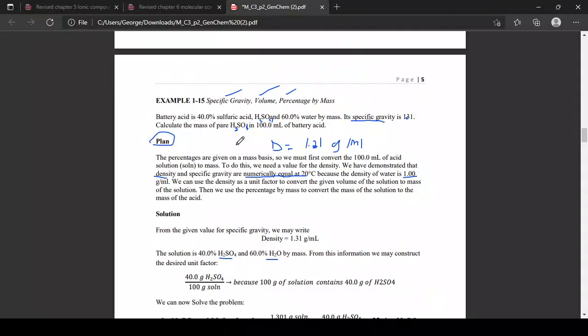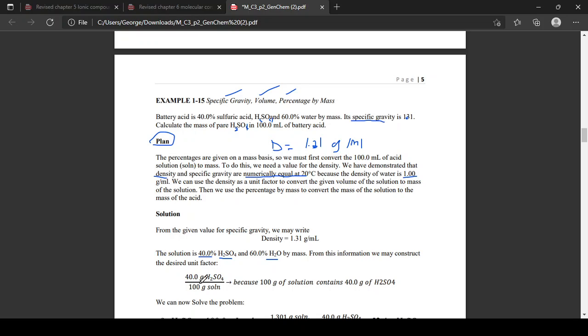So, pila ang ato na H2SO4 in your 100% na solution? Ang H2SO4 naton 40%. 40% when converting it into grams, ano unit niya? 40% is now 40 grams of your sulfuric acid or H2SO4.